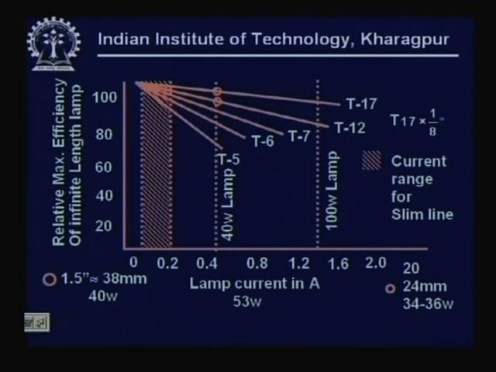That is the issue. But as I come closer, you find the change. Let us say you go around 0.2 amperes, whether it is T12 or T7, I would have similar levels of this thing.